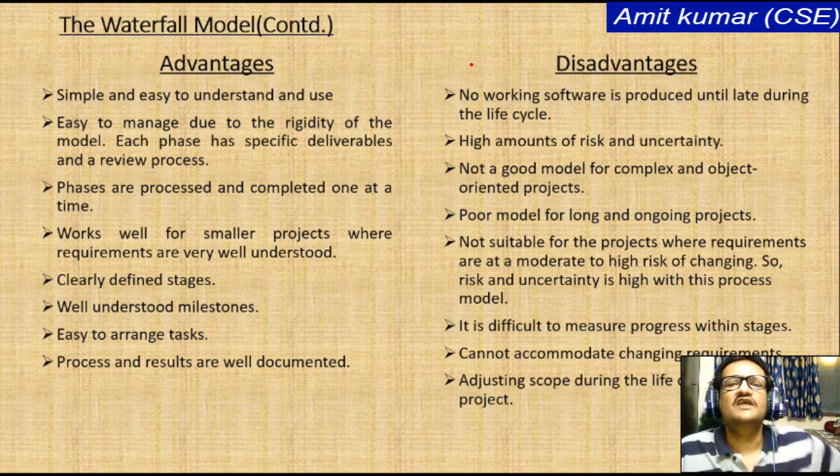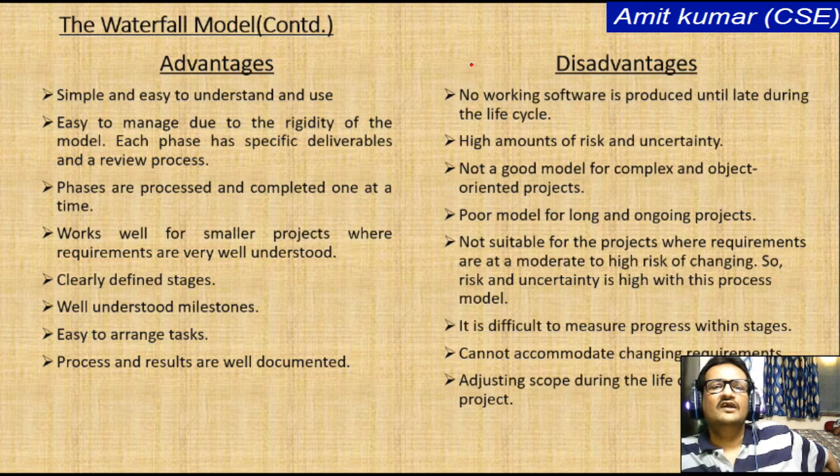What are the disadvantages? The first disadvantage is, as we discussed, that we cannot loop back. If requirements are to be added once the requirement phase has ended, we cannot add them during that cycle. We have to wait for the whole cycle to end, and then we can add them in the next version of the requirement phase.